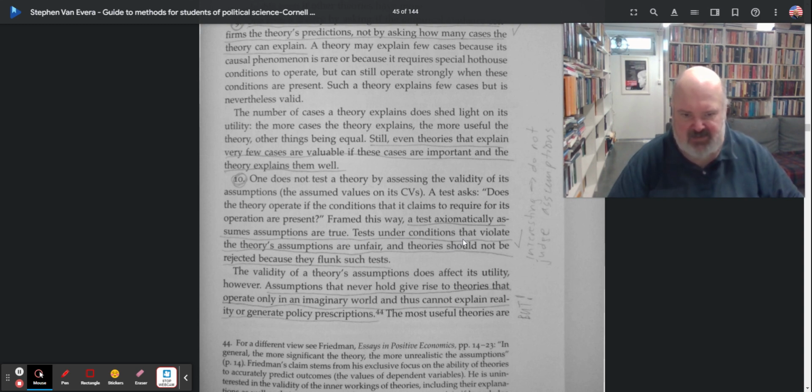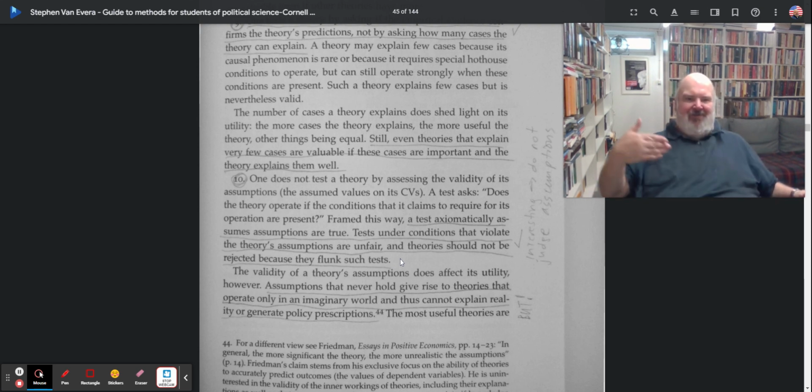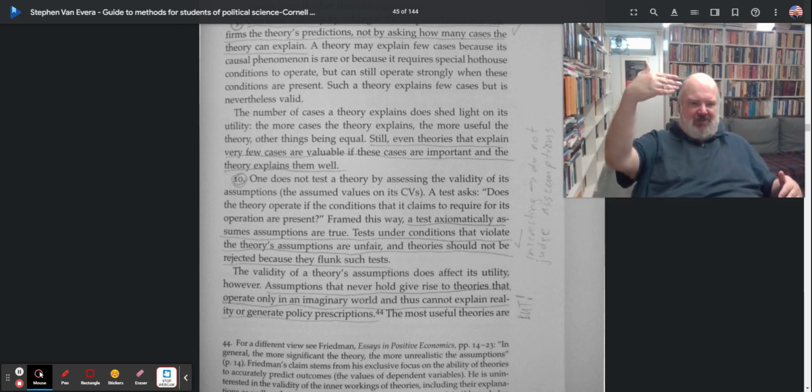Tests under conditions that violate the theory's assumptions are unfair, and theories should not be rejected because they flunk such tests. In other words, this theory assumes that these things being so, this should happen.